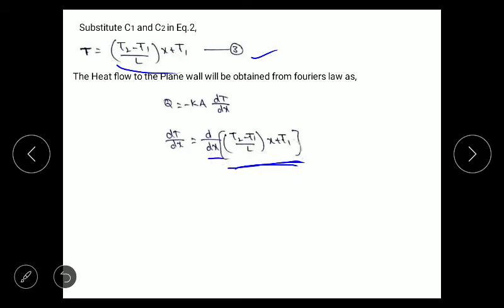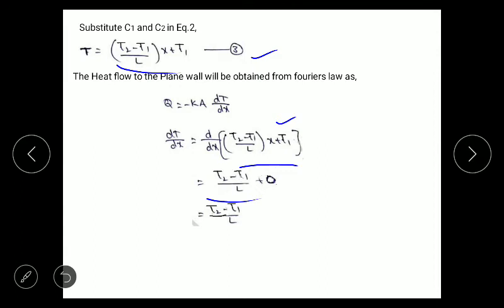So, only x terms are valid, the remaining terms are constants. T1 now will become constant. Differentiation of constant is 0. T2 minus T1 by L is a constant, which multiplies with x. So the differentiation of this equation now will become d by dx of x is 1. 1 into T2 minus T1 by L is T2 minus T1 by L, plus the differentiation of T1 constant is 0. Now dT by dx is T2 minus T1 divided by L.